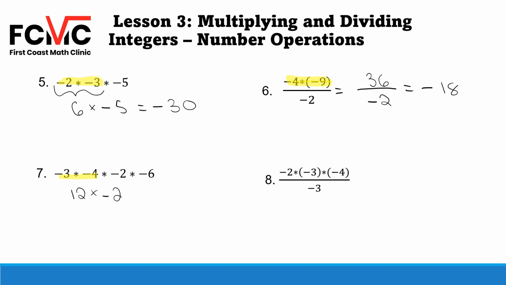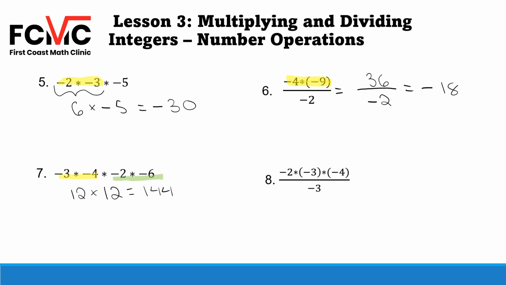And actually, let's do it this way. So I'm going to do this as well. Let's do the negative 2 times negative 6. So we're multiplying two numbers also that are the same sign, a negative times a negative. So it's going to give us a positive. We're going to get positive 12 here as well. So we get 12 times 12, same sign. That's going to give us 144 for our answer.